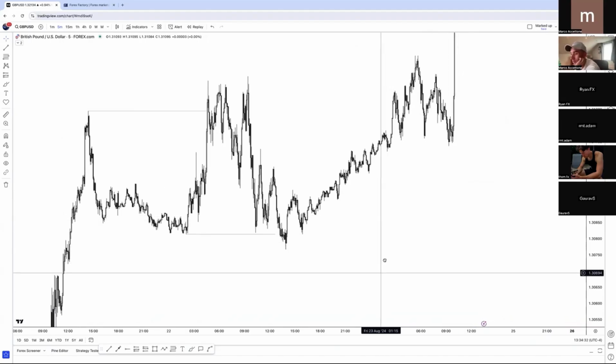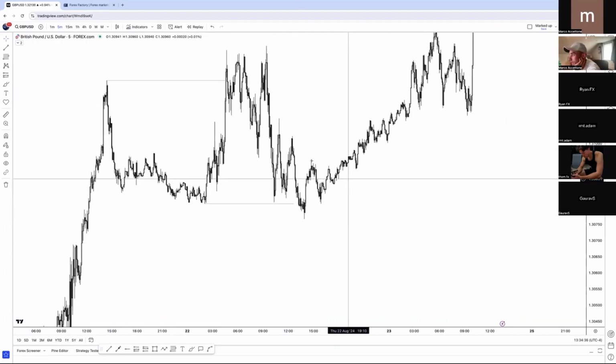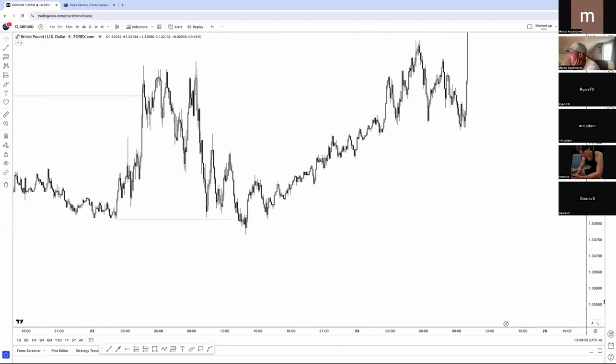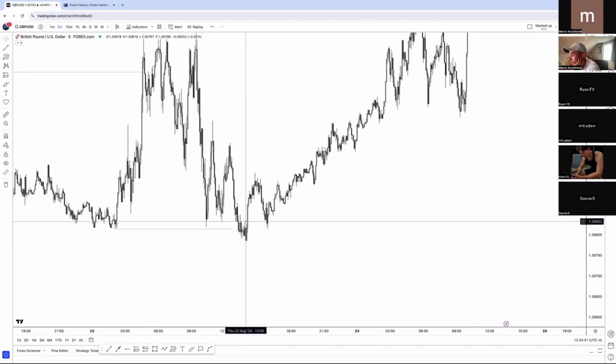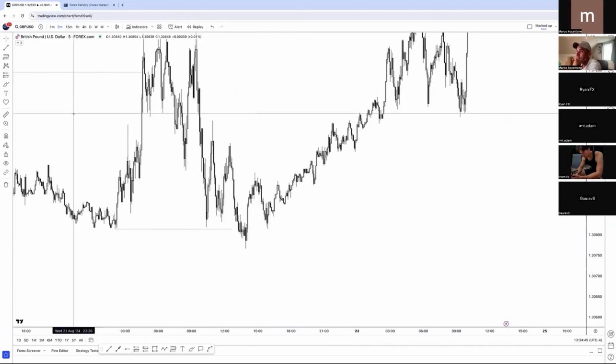Let's see. Nothing really clean to the left-hand side to be taking any extreme entries off of. So I'd have to wait for some sort of confirmation-based entry. I don't really like anything over here too much.